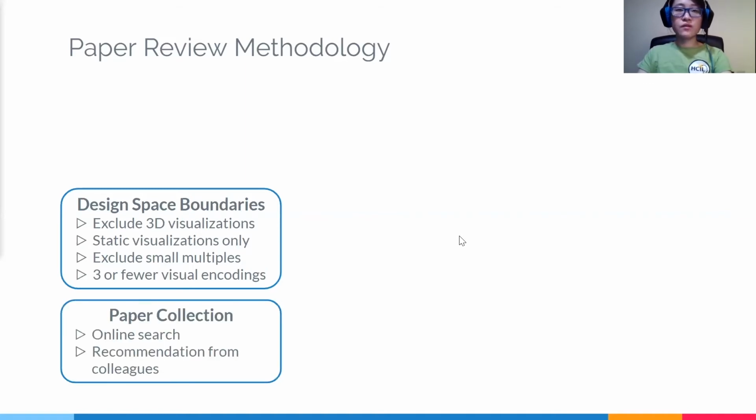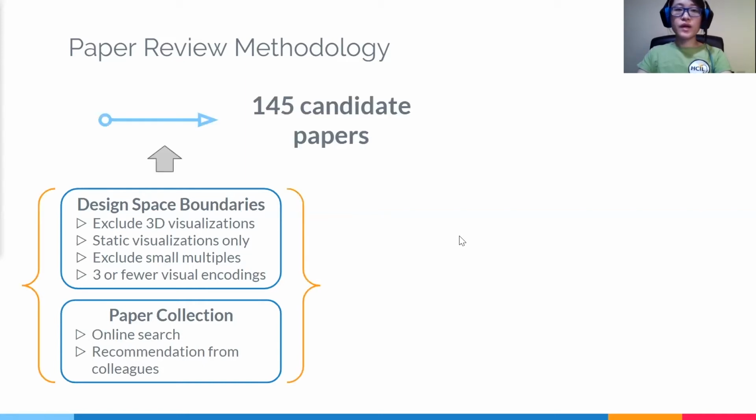In terms of paper collection, we used keywords like encoding, perception, and effectiveness to search the visualization-related conferences or journals. We also asked for recommendations from colleagues to collect papers. In total, we uncovered 145 candidate papers.